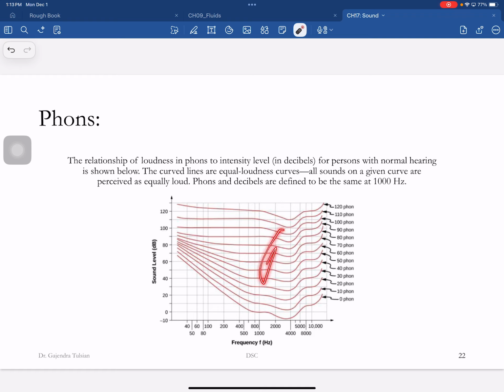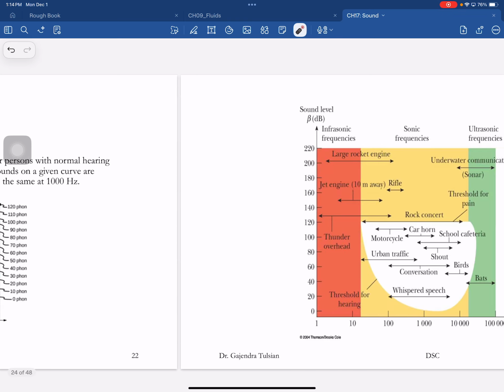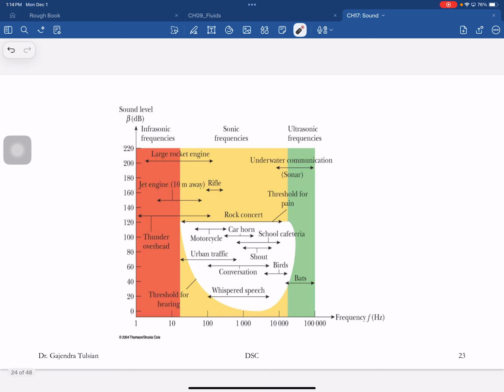When you go to a doctor's office, that's what they're doing, measuring the range of your hearing. They'll sound different frequencies and figure out how loud it needs to be before you can hear. There are various ranges.